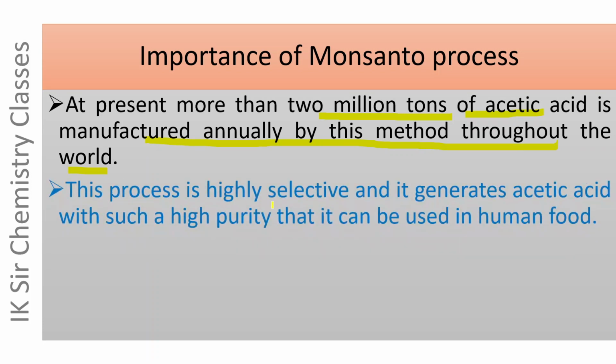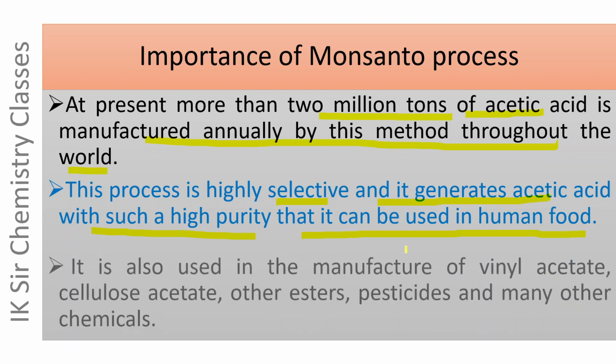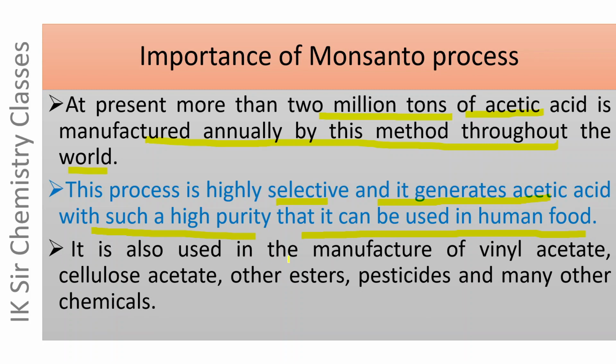This process is highly selective and it generates acetic acid with such a high purity that it can be used in human food. It is also used in the manufacture of vinyl acetate, cellulose acetate, and other esters, pesticides, and many other chemicals.